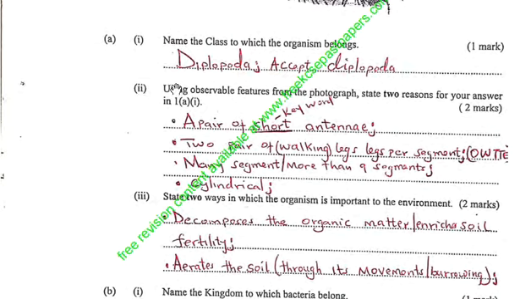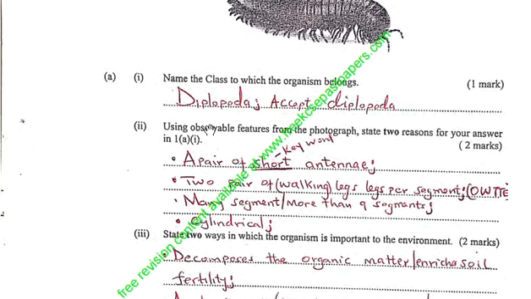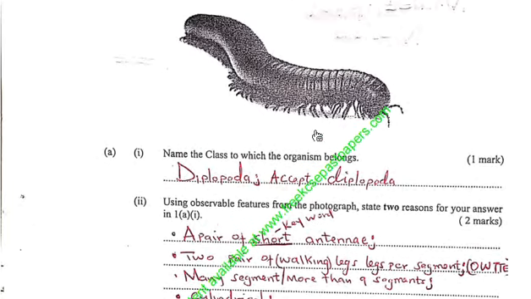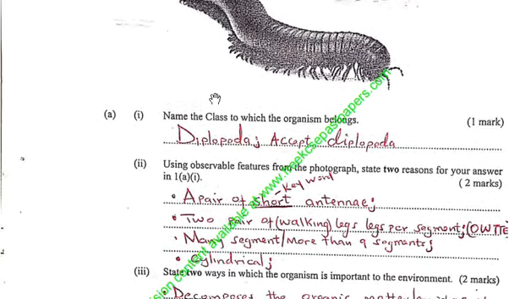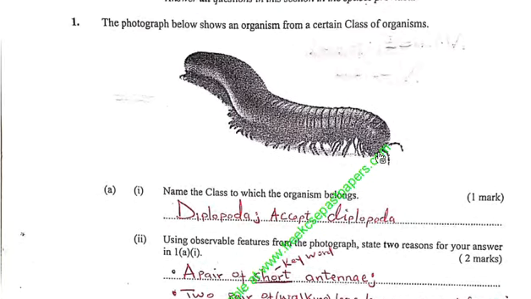Roman 2, using observable features from the photograph, state 2 reasons for your answer in A Roman 1 above. The reasons why you say it is under class Diplopoda, and the key term here is observable features, which are on the diagram. Number 1 is the presence of a pair of short antennae, and the word short must be there.